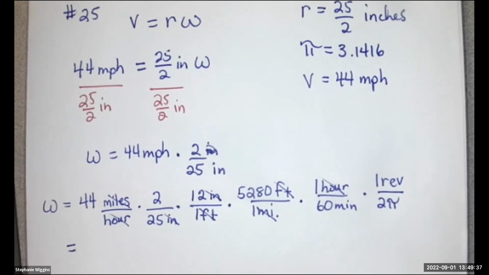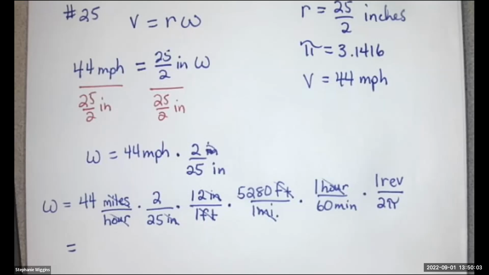So when I go ahead and do the calculation here, I'm going to have 44 times 12 times 5,280. And then I'm going to divide by 25, and divide by 60 and also 2 pi.